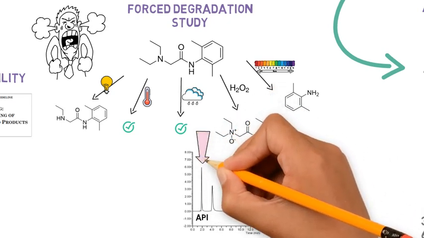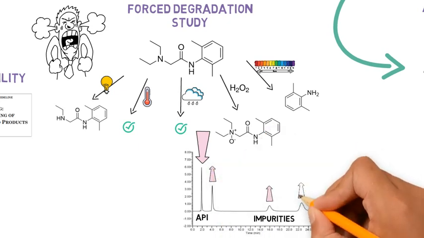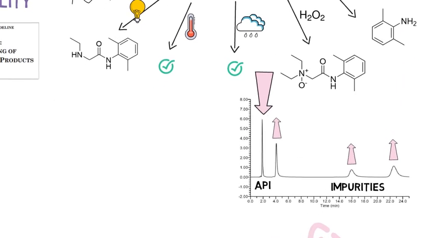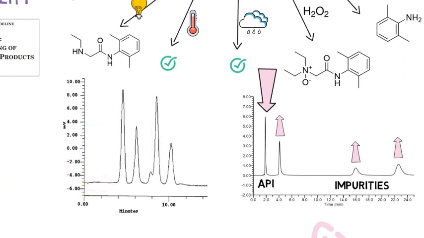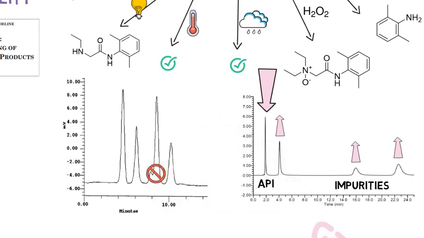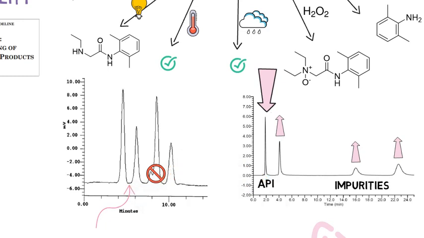This means that if the API degrades and there is an increase in formation of impurities, this behavior must be shown by such methods. So we should not have co-elution of the API with impurities, which would hide this degradation. Therefore, a good resolution between peaks must be shown, as well as the peak purity for the chromatograms.